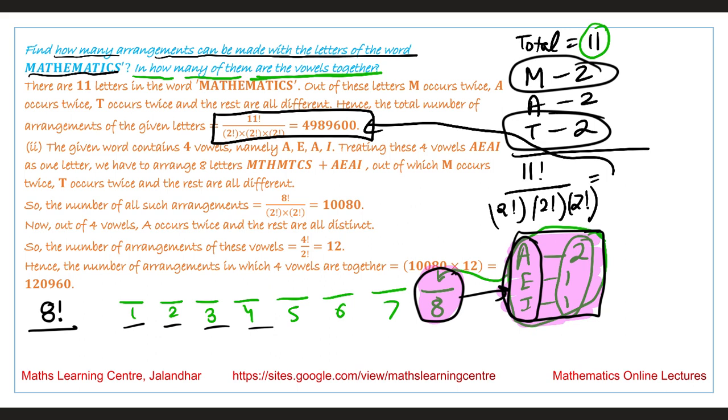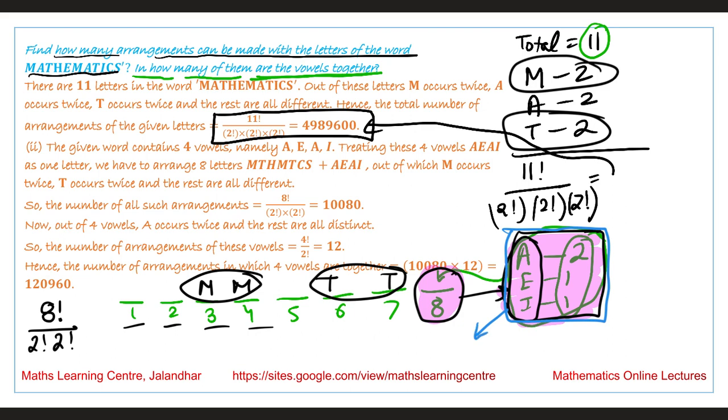In these places we will have M twice and T twice. So these are repeated alphabets. So the total permutations are 8 factorial over 2 factorial into 2 factorial. And these vowels can themselves be arranged in 4 factorial over 2 factorial ways.